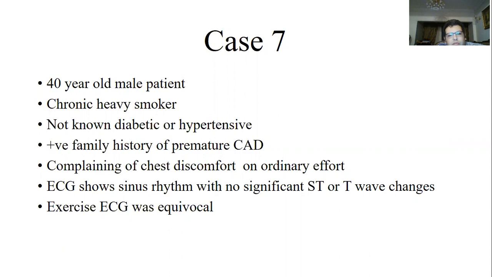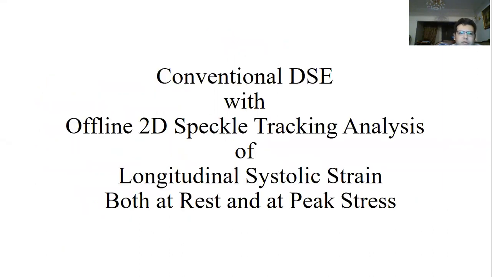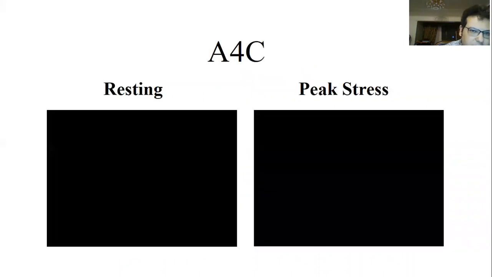ECG: sinus rhythm with no significant ST or T wave changes. Exercise treadmill ECG was equivocal. Conventional dobutamine stress echo with offline 2D speckle tracking analysis for longitudinal systolic strain, both at rest and at peak stress, was done.